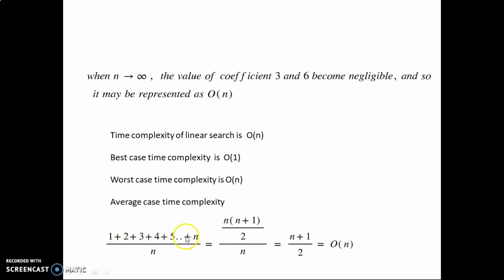For the numerator, there is a formula n into n plus 1 by 2 for the sum of the series 1 plus 2 plus and so on up to n, divided by n. So this will become n plus 1 by 2. As we already discussed, when n tends to infinity, we can express it as order of n. So the average case time complexity of linear search is also order of n.